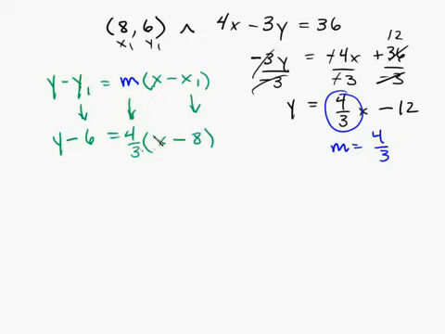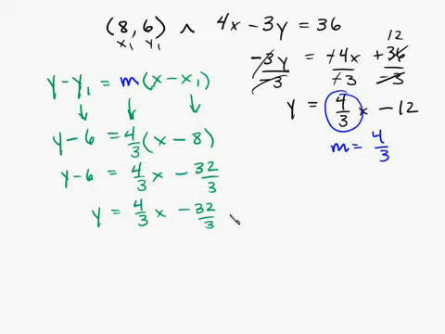So now I'm going to distribute the 4/3. I get 4/3 x, and 4/3 times negative 8 is a negative 32/3. So now I add 6 to both sides, and I get y equals 4/3 x minus 32/3 plus 6.